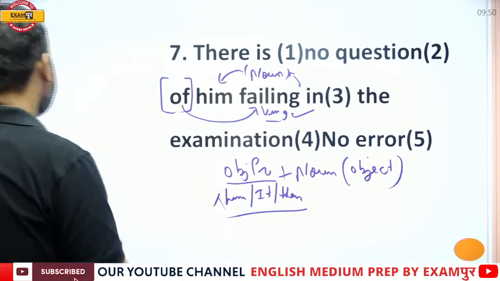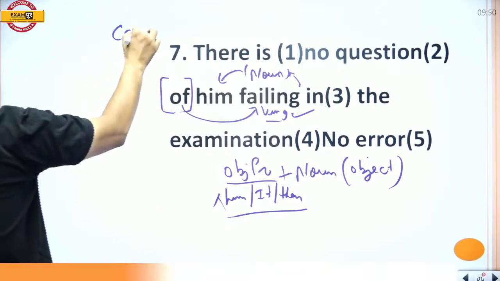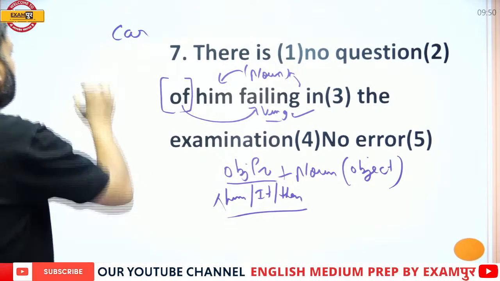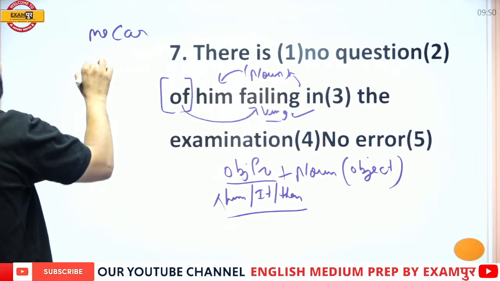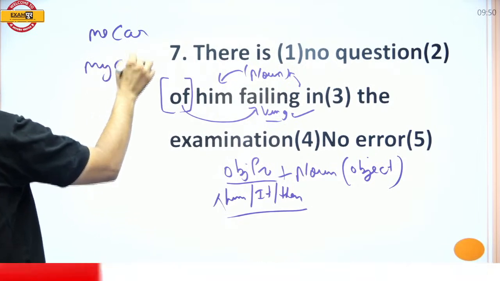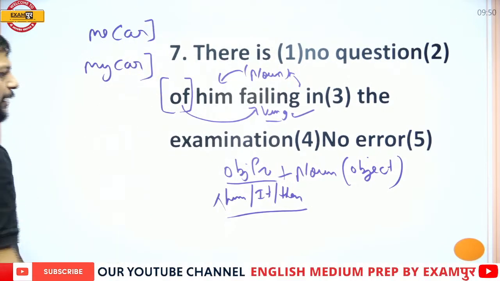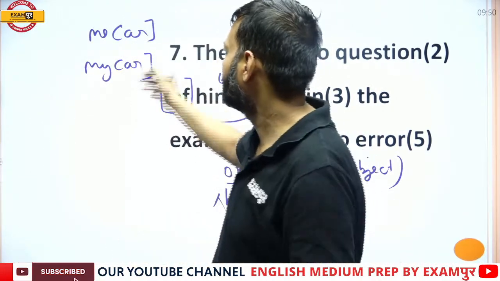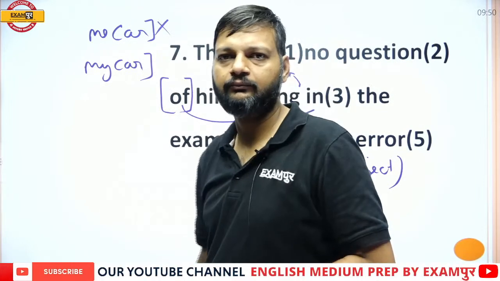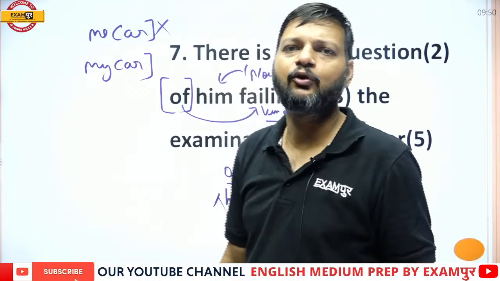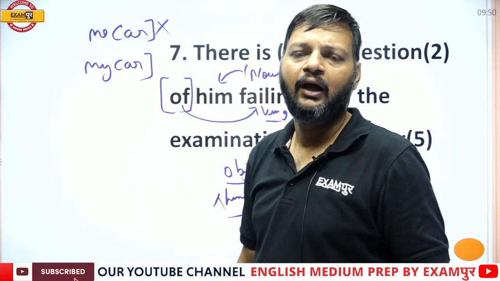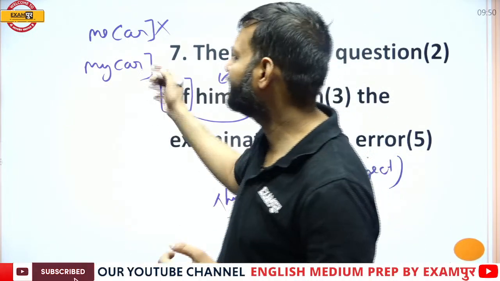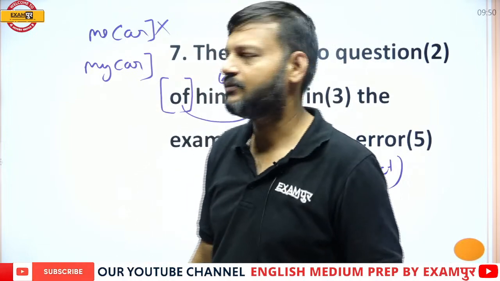For example, if I have written car, we have a noun, car. So which word is appropriate? Me car or my car? Me car makes no sense because car itself is a noun. How can it be used with an objective pronoun? So me car does not make any sense.